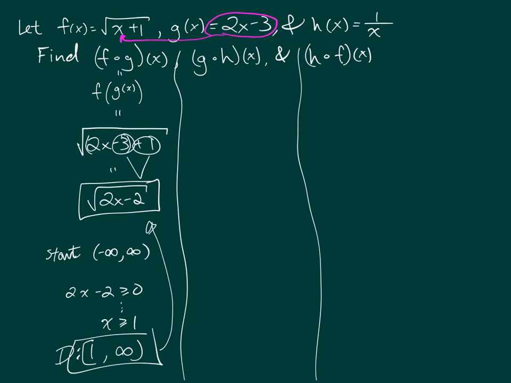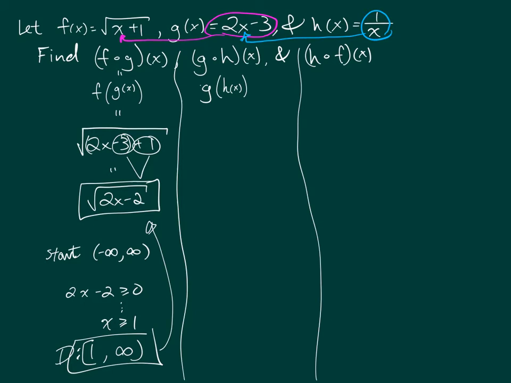So here, g compose h of x really just means h of x is inside g of x. So that means I'm going to take this function here, 1 over x, and I'm going to put it in for x in the function g.